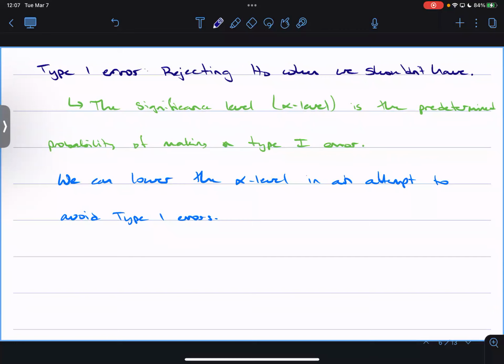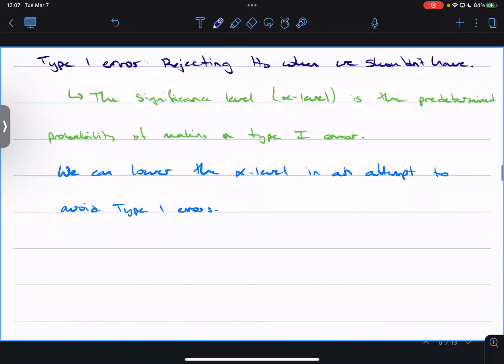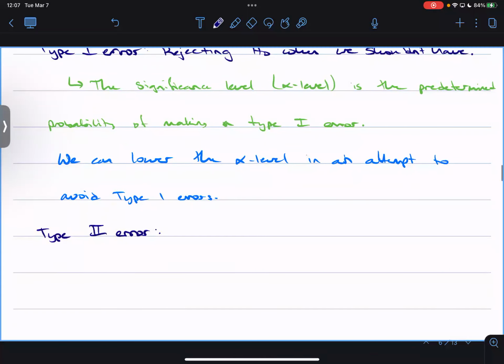On the flip side, the type 2 error is not as popular because there's really nothing that we can do about it. It's when we fail to reject H naught when it actually should be rejected.